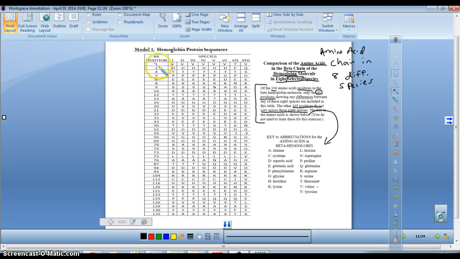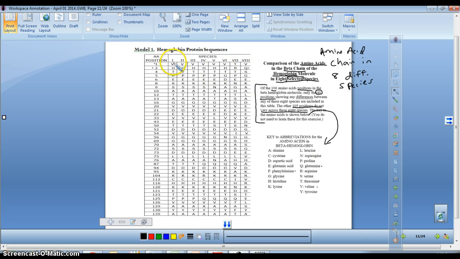Let's look at the next one. Amino acid position 2. H is amino acid histidine. Histidine, histidine, histidine, histidine, histidine, histidine. Phenylalanine. Oh. And glutamine.